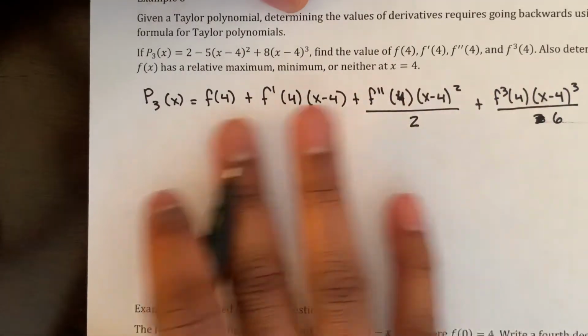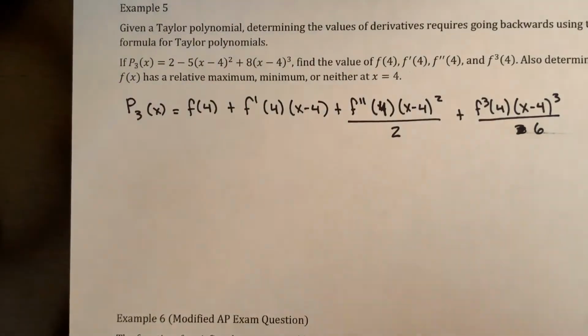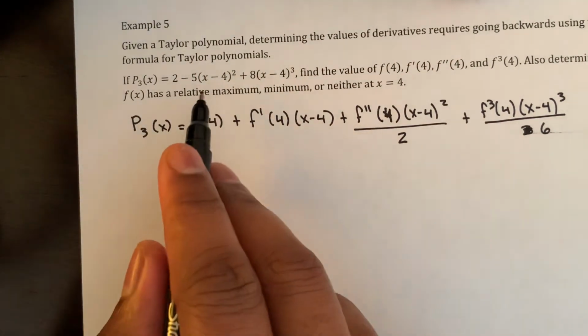So this is how every third degree Taylor polynomial centered at 4 would look.